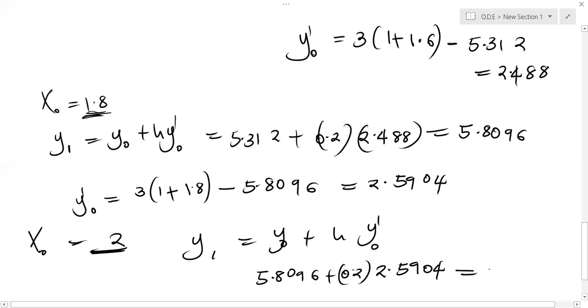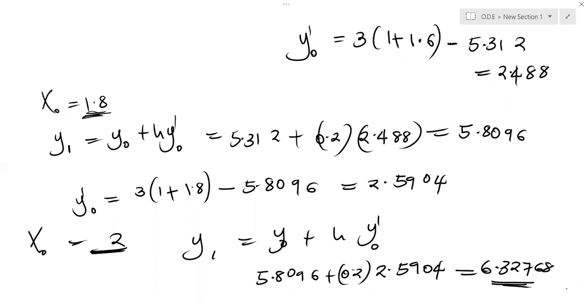And this will give us 6.3276768. That's what we're going to get. So we can fill that in the table.